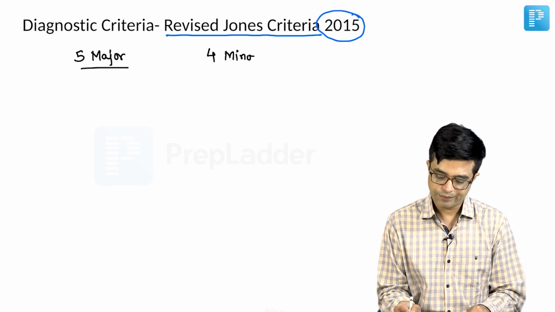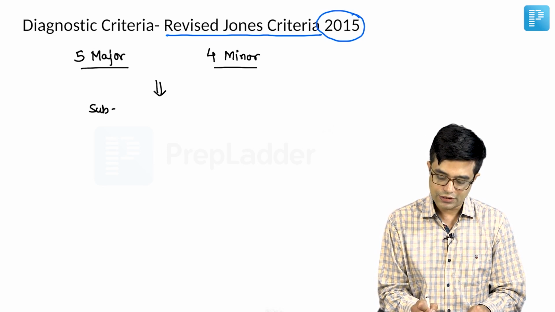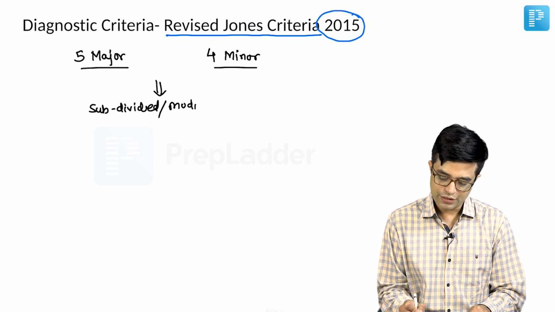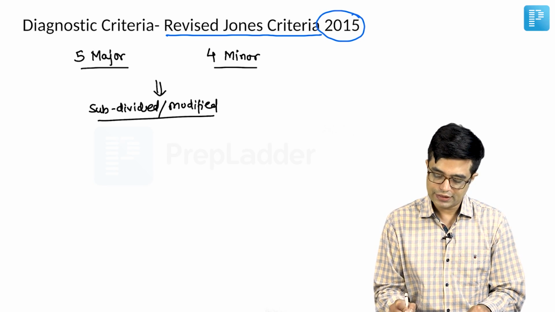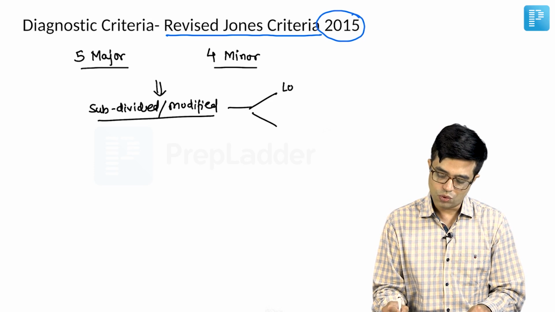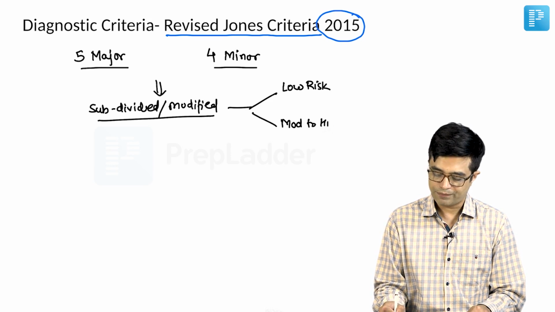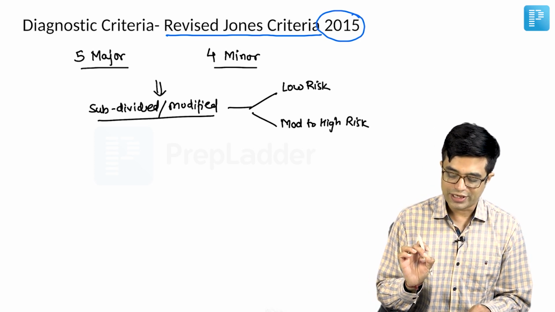These 5 major and 4 minor have now been subdivided or modified based upon the prevalence of the disease. So we have slightly different set of criteria in low risk population and slightly different criteria in moderate to high risk population. Before we go to the criteria, we first need to understand what are low risk and what are moderate to high risk population.